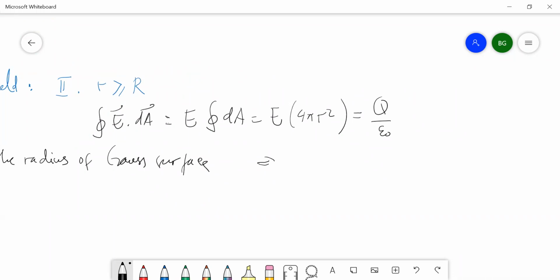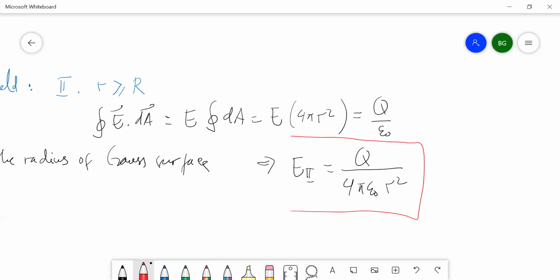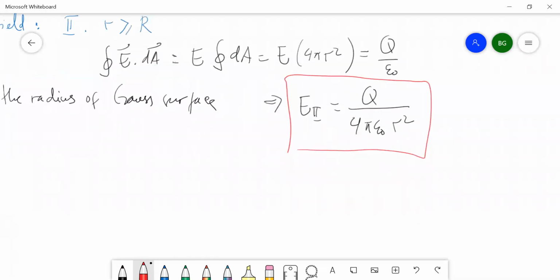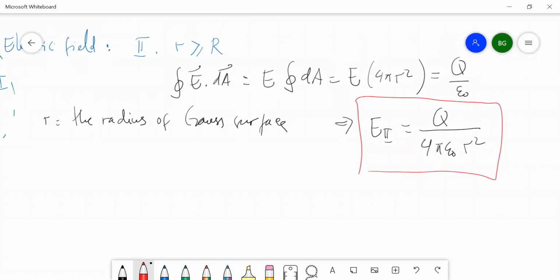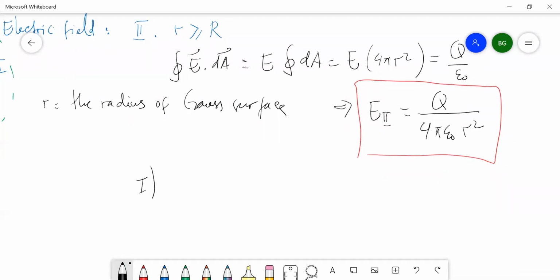Then we get that E in the second region is equal to Q over 4 pi epsilon 0 r squared. This is for the thin sphere. And then for the first region, little r is less than big R.